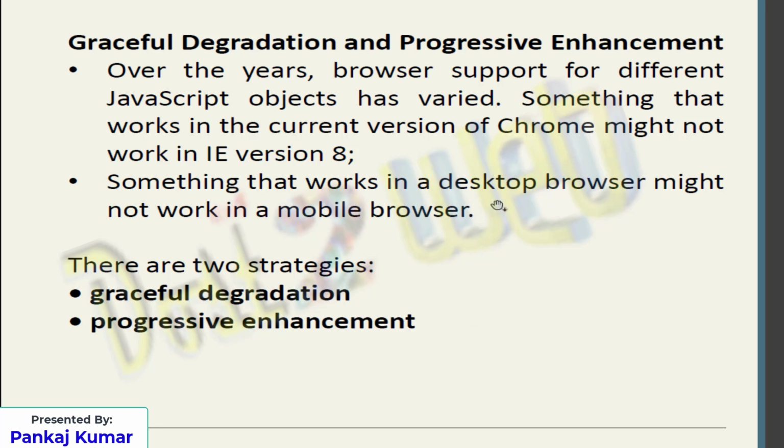Earlier, I have seen IE5 and IE4, and in 2005, 2006, when people developed any web application, they used to test on different browsers. They had a system where all the browser versions like IE4, 5, 6, 7 would open, and they would open the website and see. Now most browser versions support JavaScript, even on mobile.